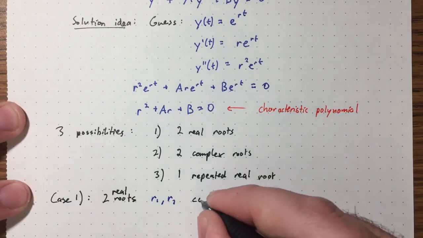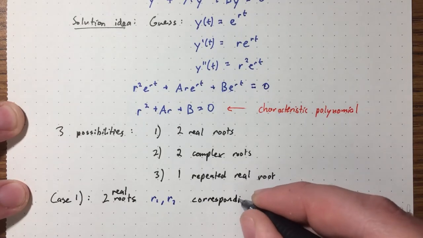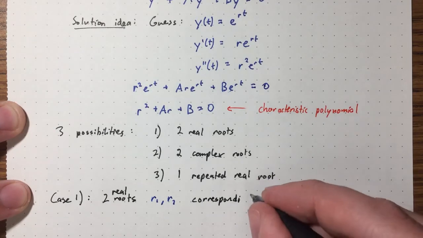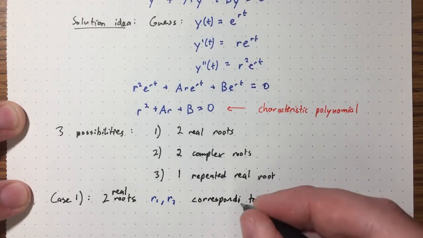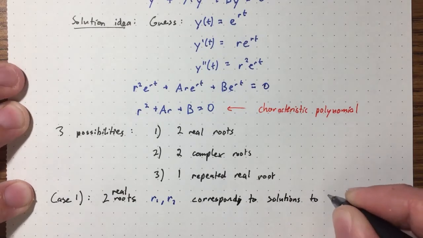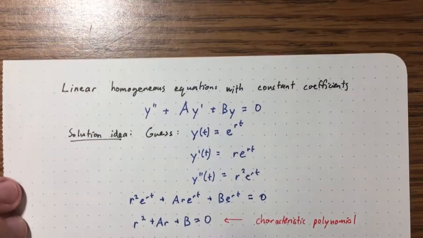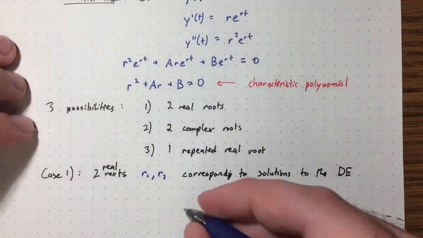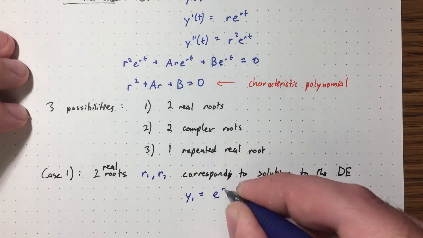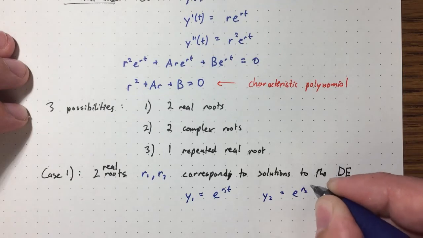They correspond to solutions to the differential equation. What are those solutions? Well, what was our guess? It was e to the rt. So the solutions are y1 is going to be e to the r1t. y2 will be e to the r2t.